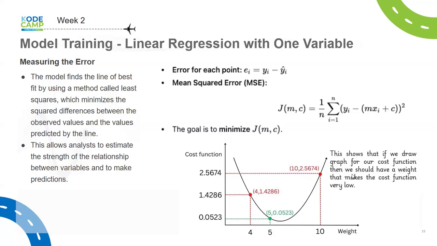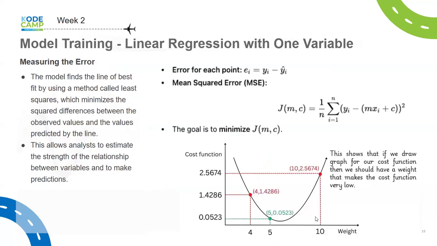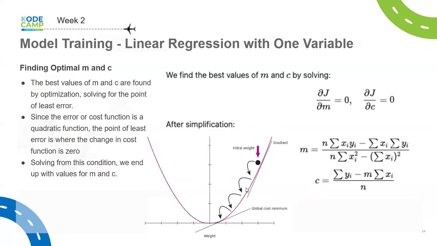Now, the point is this. We can use a mathematical formula to calculate that because this is a quadratic equation. It's easy when there are just two parameters, m and c. But when you have millions of parameters, you cannot just calculate it. The calculation uses what we call a normal equation, a normal form, but that does not work when you have a large number of parameters.